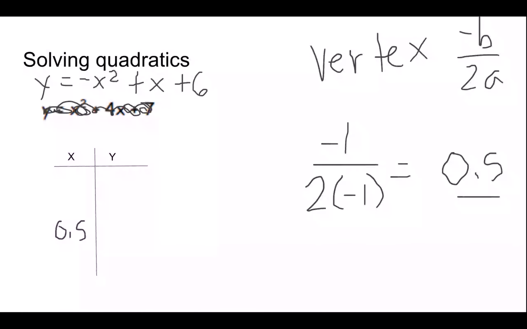Then I'm going to choose a number below, which would be 0, and a number above, which would be 1. When I plug in 0, I'm going to find that this gives me 6.